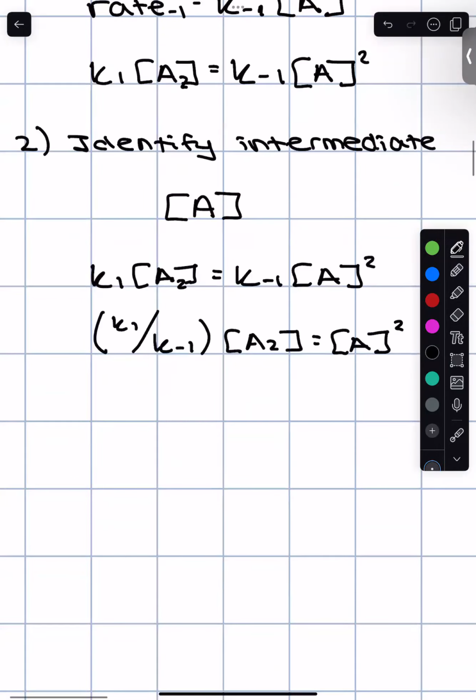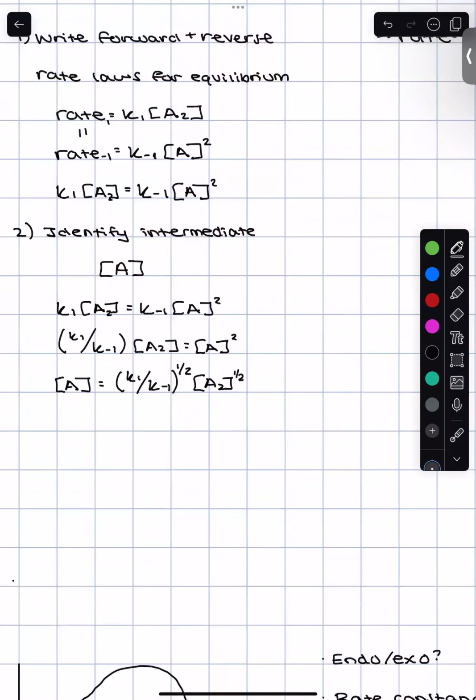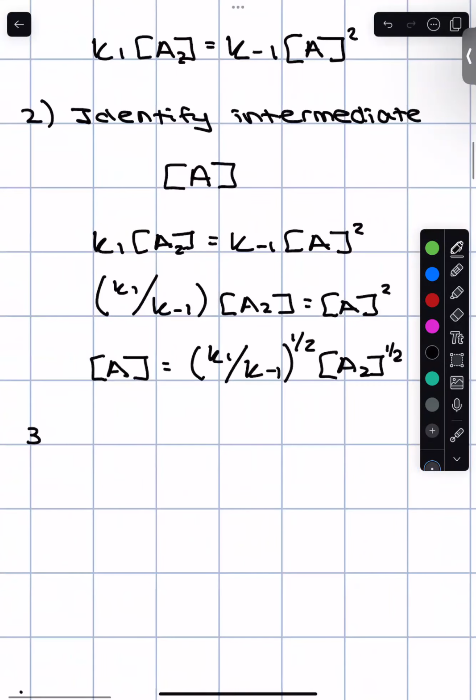And then we take the square root of both sides. Sometimes students aren't a fan of taking the square root. It's okay. All right. Now we're going to plug in to the slow step.